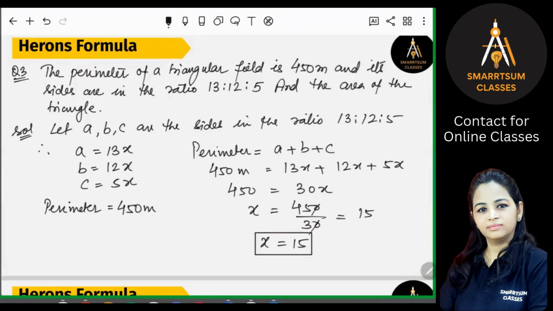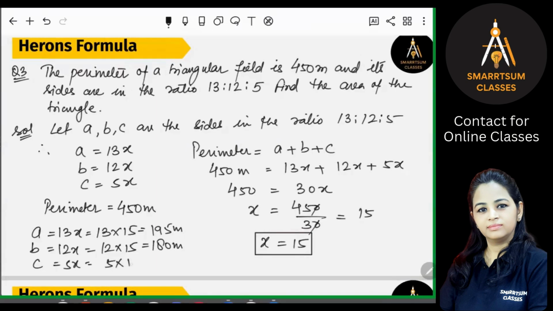A is 13x, so it will become 13 into 15, that is 195 meters. B is 12x, means 12 into 15, that is 180 meters. And C is 5x, which is 5 into 15, that is 75 meters. So in this way, we have got all the sides of that triangular field.